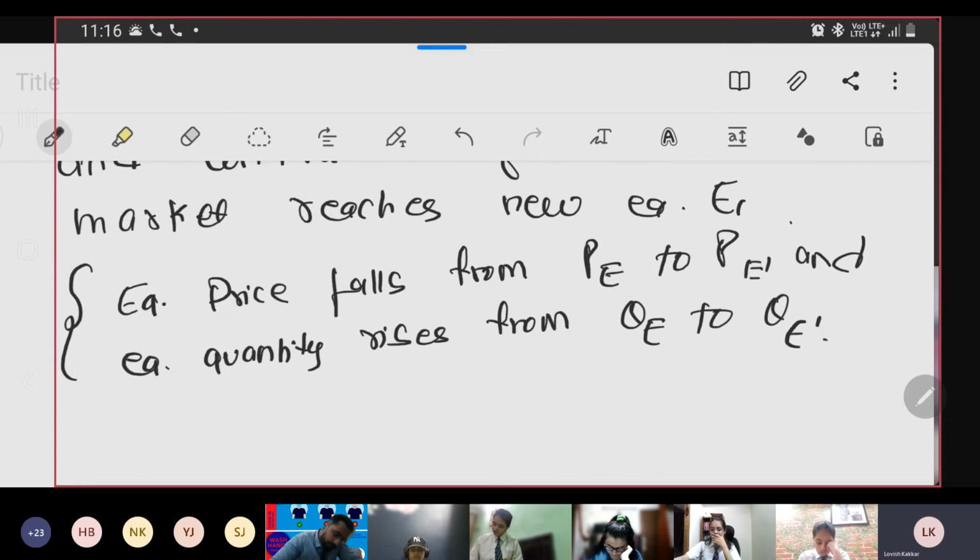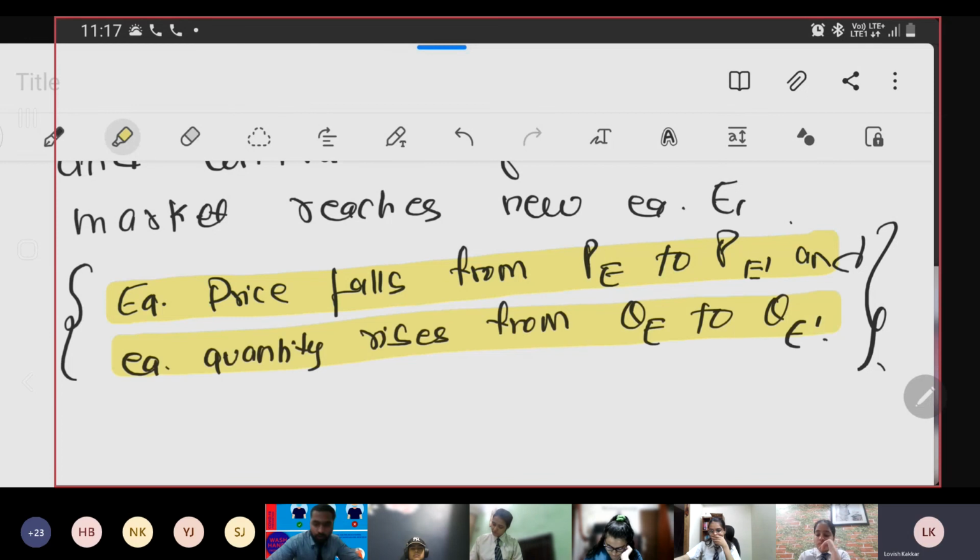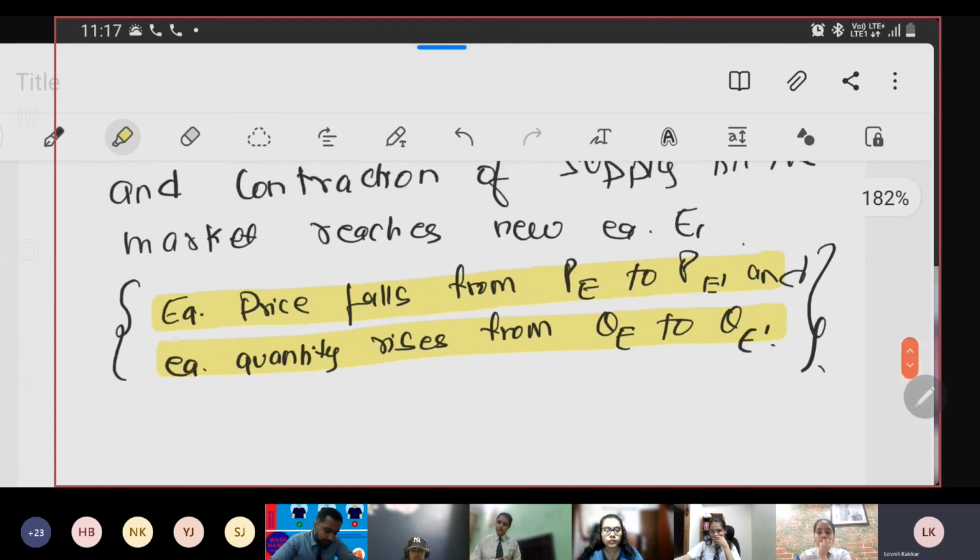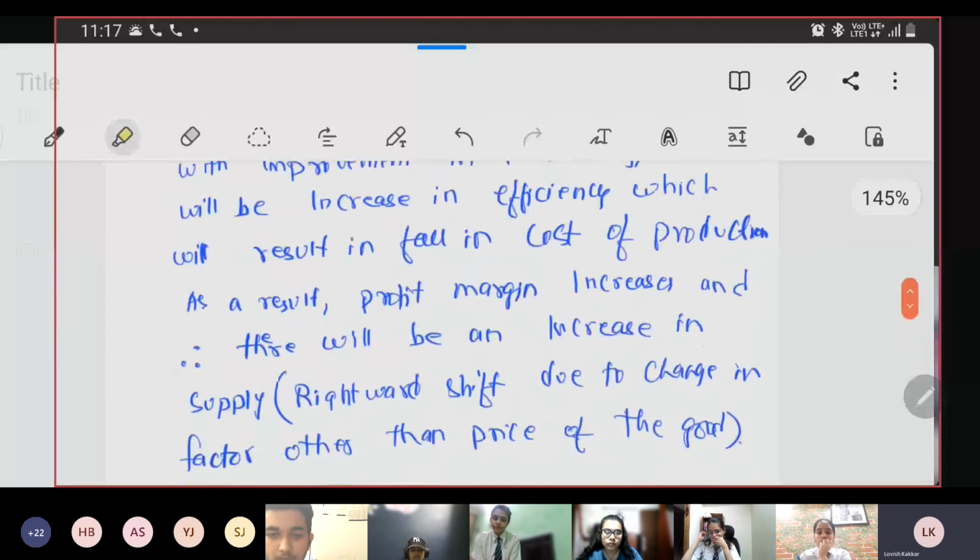Sorry, this is your concluding line. You will get 1 mark just for writing this because this is what the question is all about. How does it affect the market for a commodity? Market for a commodity means price and quantity demanded and supplied in the economy. This is a 6 marker that you need to frame.